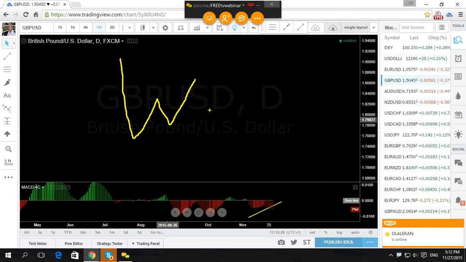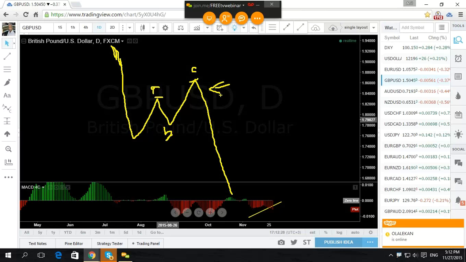Very often, the correction is a 1, 2, 3, an A, a B, and a C. It's called a flat. It's the simplest correction that Elliott has identified in the chart. It's called a flat. It's an A, B, C. Very simple. After an ABC correction or a flat, you will have another impulse. If you're an Elliott waver, you would know that that is only one type of correction you can get.